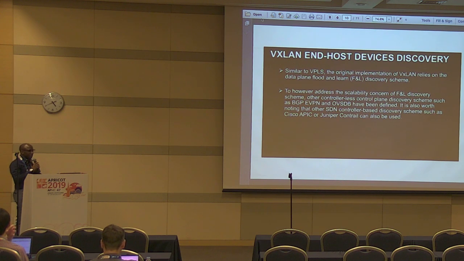The Ingress devices learn the source MAC addresses, and as you know, flood and learn comes with a lot of scalability issues, which is why EVPN was written to overcome some of these shortcomings that we have in the native Vxlan implementation.